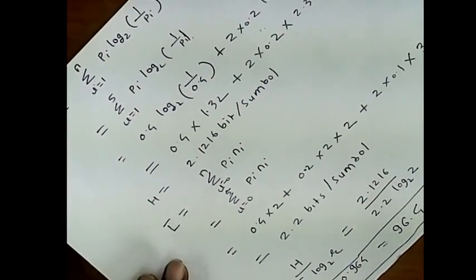This is the first value required. Now we calculate the variance of the code.